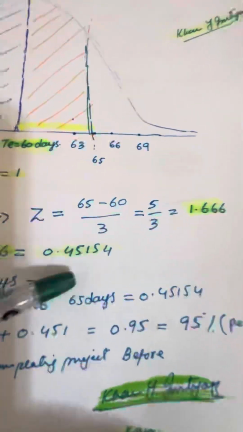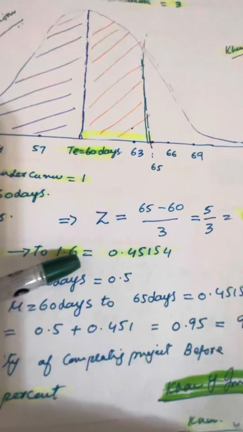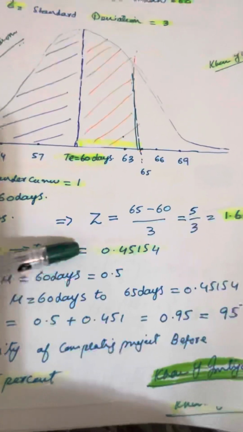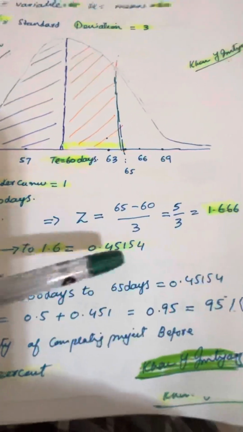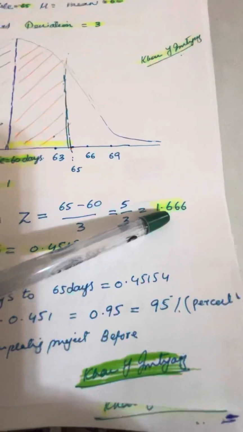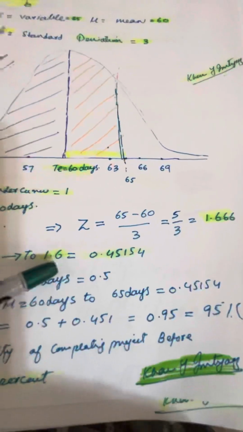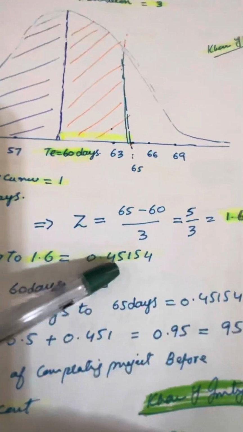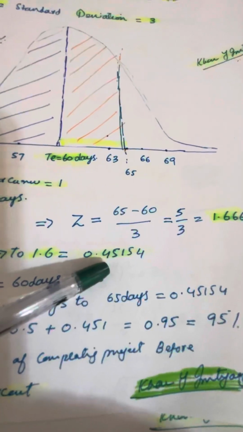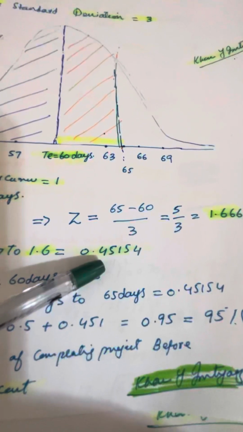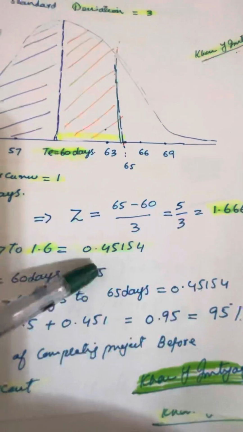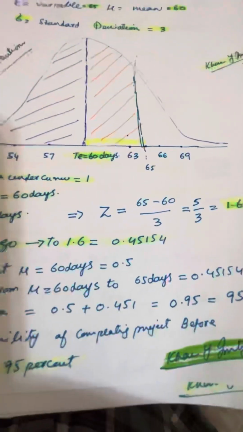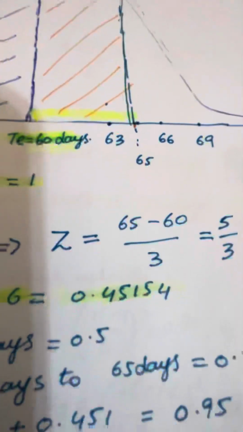So you find 1.6 going down the line, and the 0.06 at the top, and where they meet you get 0.45154. That's the number you get there.